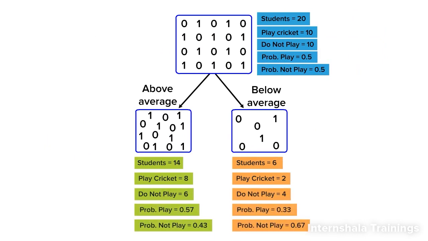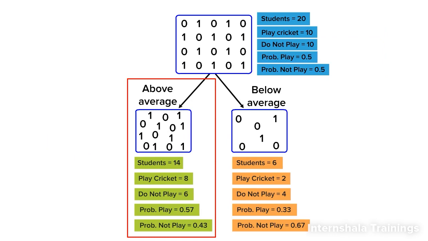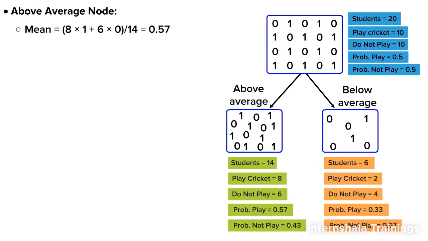Let's start with the split on performance in class. First, we will calculate the variance for node above average. Since there are 8 ones and 6 zeros in this node, the mean for this node will be 8 times 1 plus 6 times 0 divided by total observations in this node, which is 14.